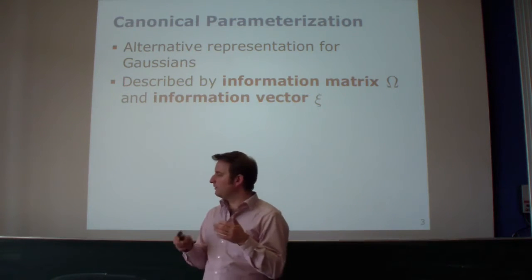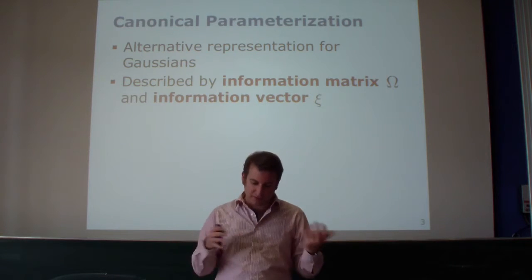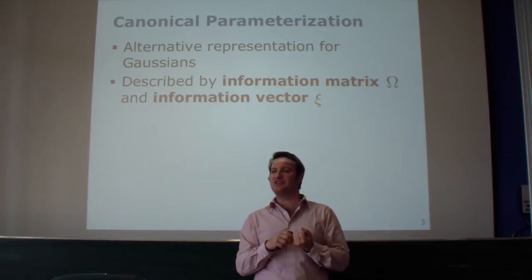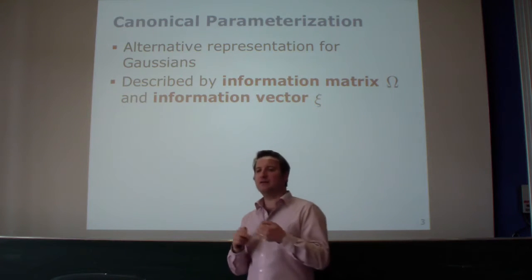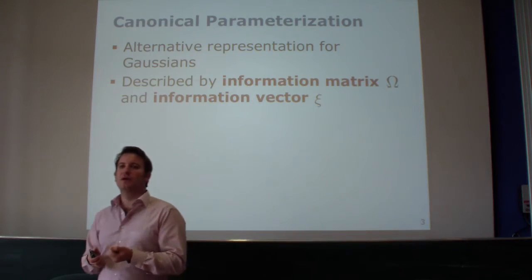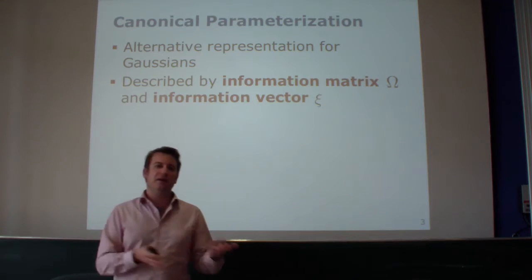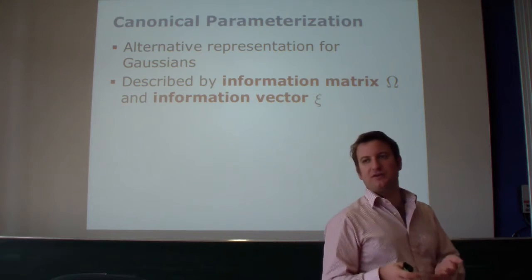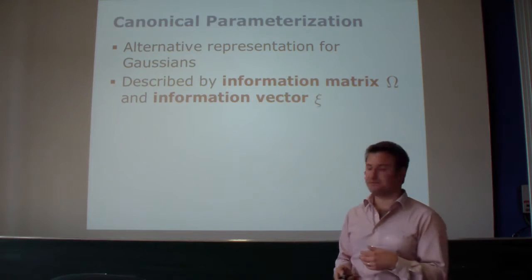So this suggests that this is the dual thing. You can't get everything cheap because converting between both representations is also expensive. But depending on the properties of the underlying system you're using, the information filter can be a better choice than the Kalman filter or the other way around.